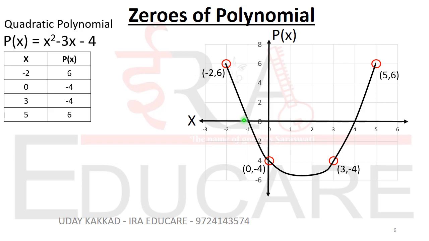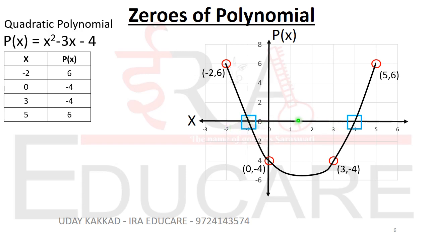Now here my friends, you can see that this point and this point intersect the x-axis. Okay, in the previous graph you see that there is only one point where the x-axis is intersected, but here you have 2 points, minus 1 and 4.